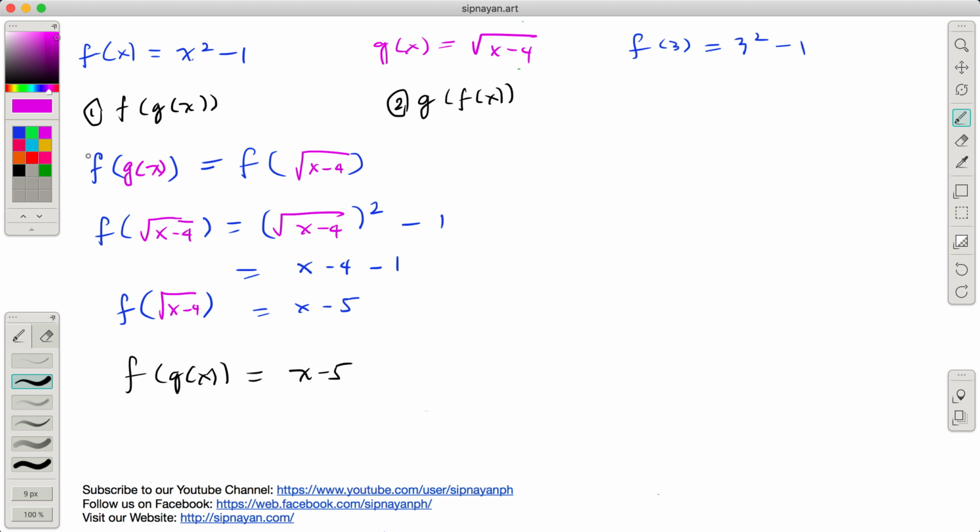So, meaning, ito yung g, we have g of f of x. Pwede rin natin gawin ganito. So, magiging equal to g of, ano ba yung f of x? Di ba x squared minus 1? So, x squared minus 1.